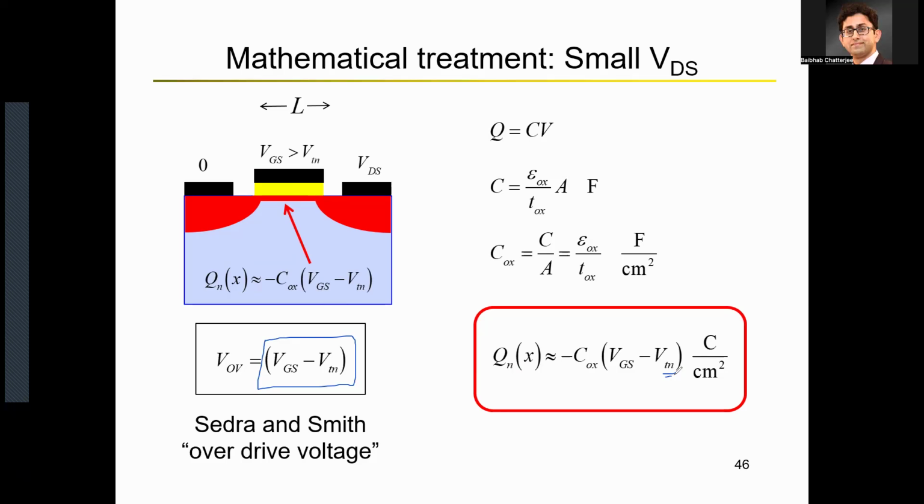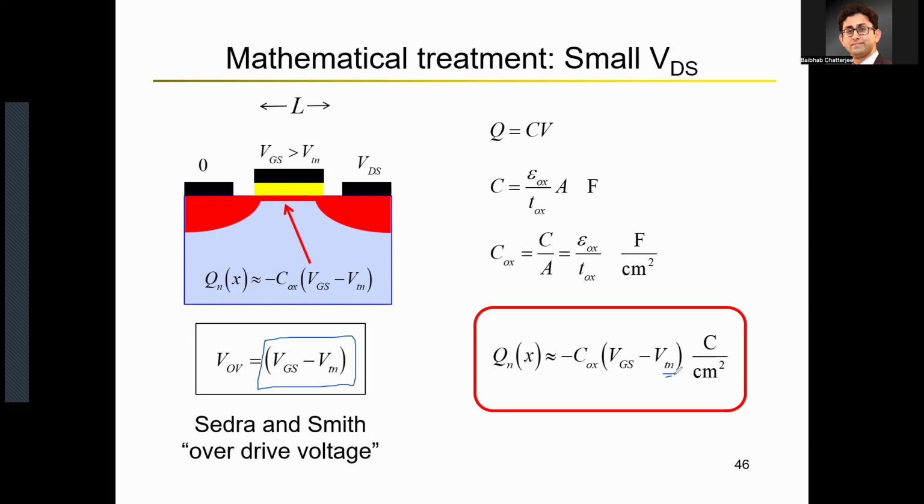We'll be using V overdrive a lot in the next 10, 15, 20 lectures, maybe till the end of the course even. And this is called overdrive because this is the voltage in addition to the threshold voltage, whatever you're using to drive the transistor.